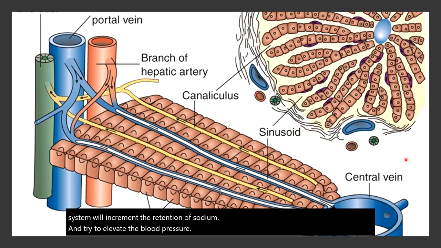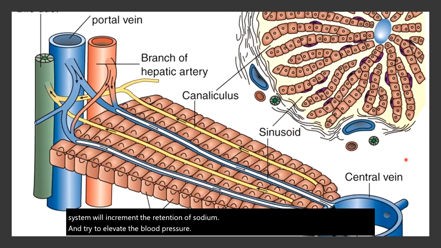That circulation of the sinusoids inside each lobe will end in a central vein that is located in the center of each lobe.